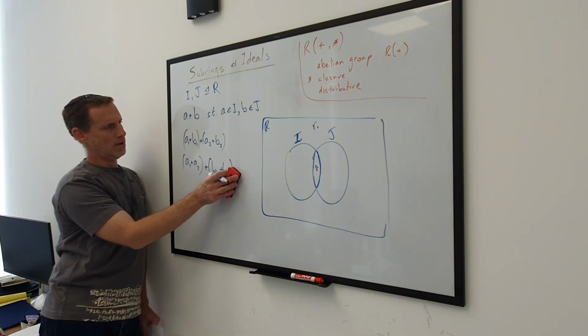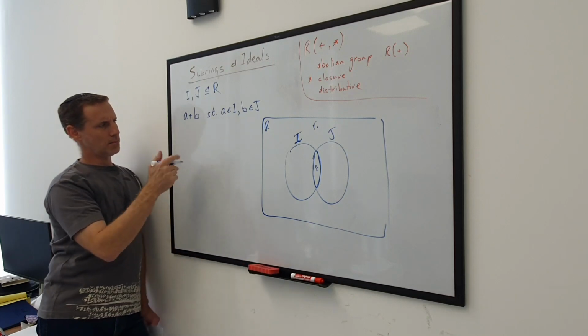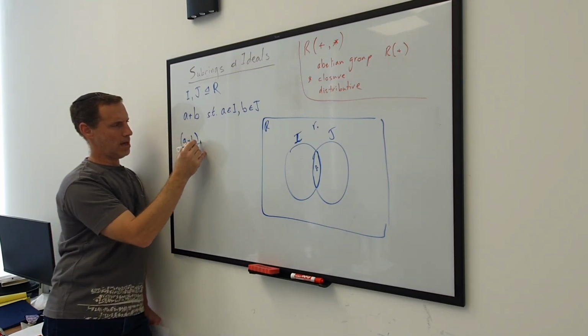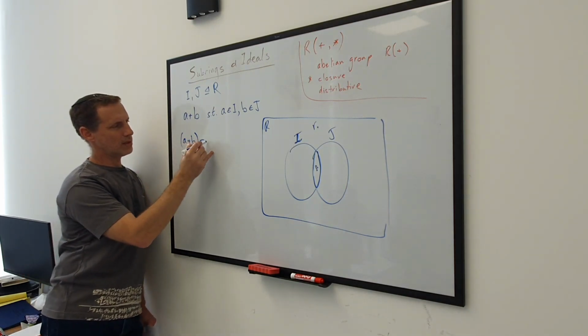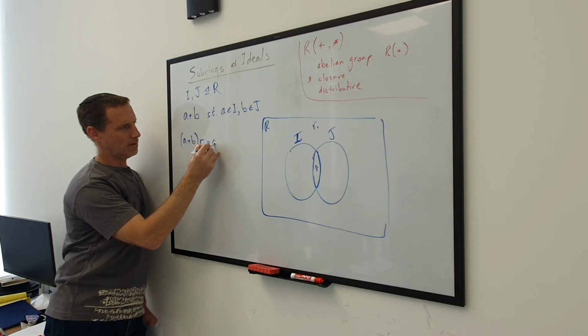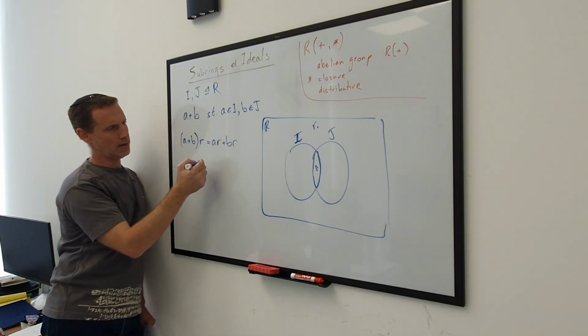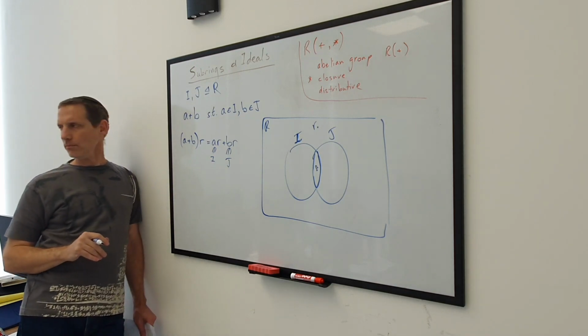Now we need to multiply A plus B by R and still see that it maps. This is also easy: it's AR by distribution plus BR, and this belongs to I, and this belongs to J.